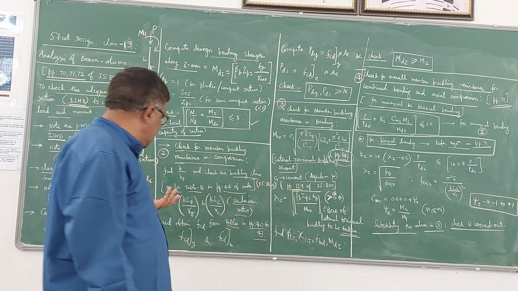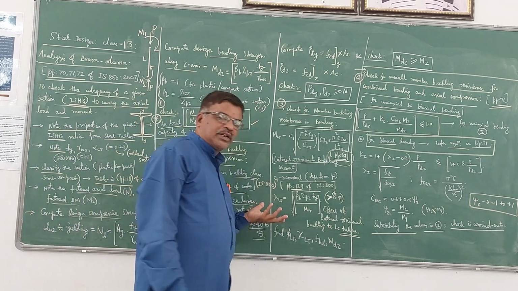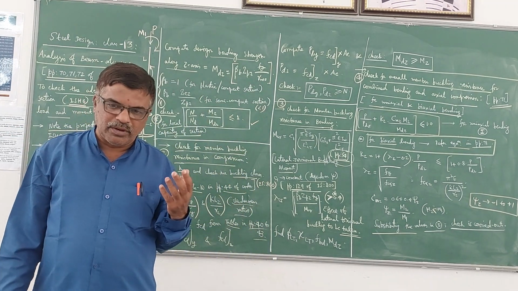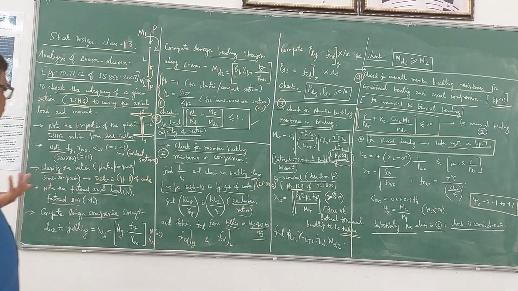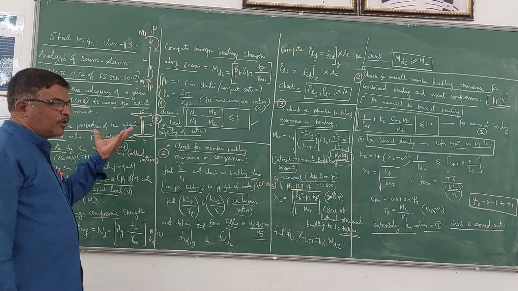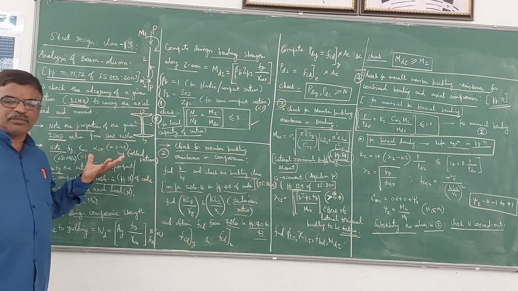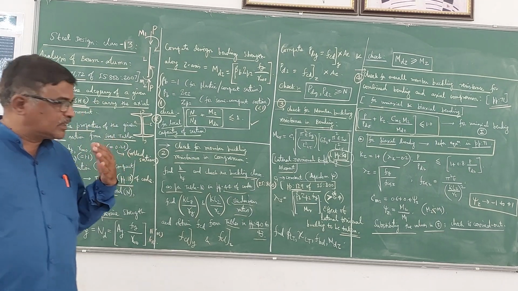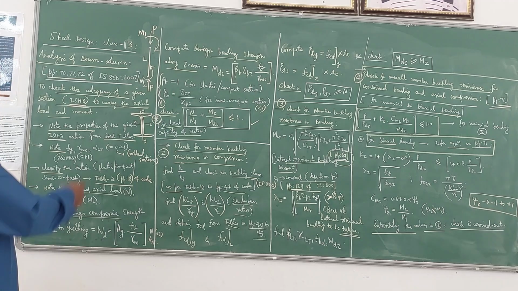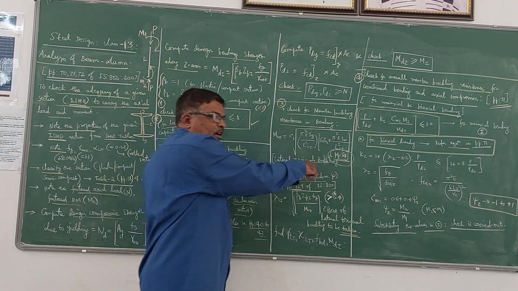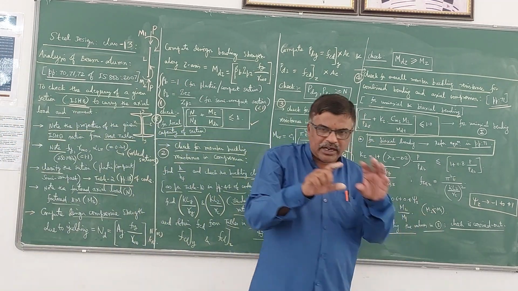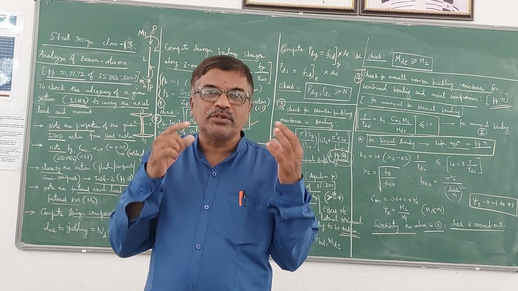Next I am going to explain the design aspects of beam columns. In the design, initially we are going to assume some section based on some criteria. Then that section has to be checked for all these 4 checks once again. Only for the preliminary design we are going to assume some section.